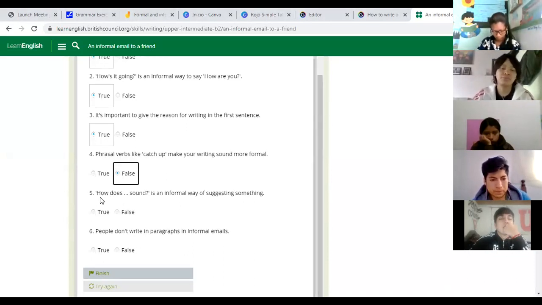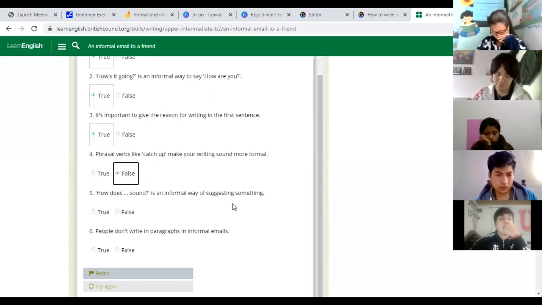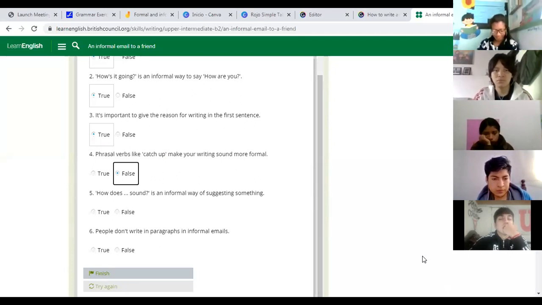Number 5, how does na-na-na sound is an informal way of suggesting something. What do you think, true or false? True. You can talk. Remember that you can talk. False. True. Ok, ya tenemos un false por ahí, pero está ganando la mayoría true.